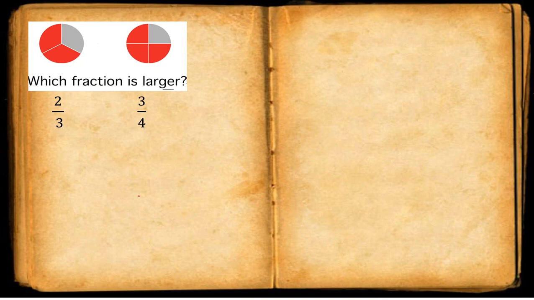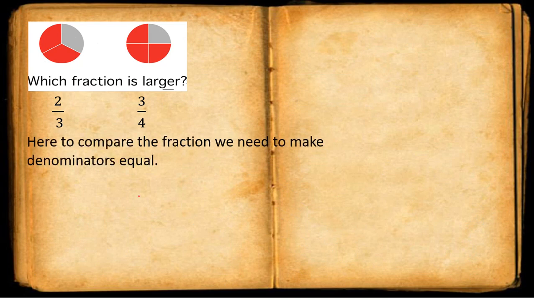So here when the denominators are not same, we have to make the denominators same by LCM of the denominators. So let's take the LCM of denominator 3 and 4.